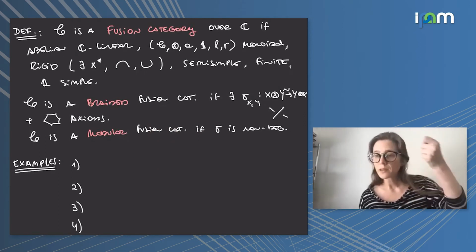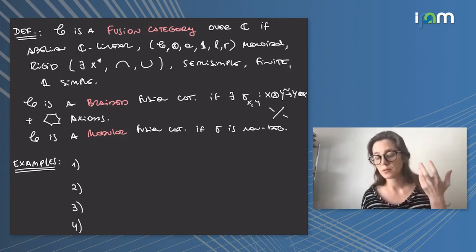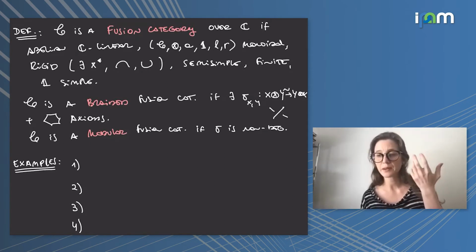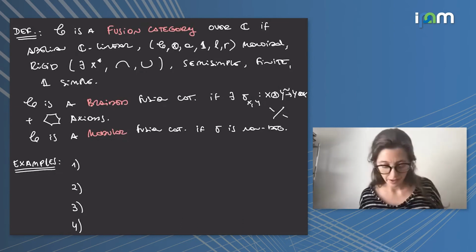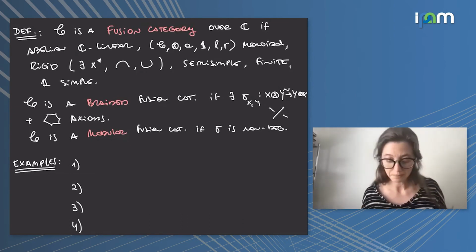So the only simple that is transparent for this braiding, that I can interchange with any other object, is my unit.